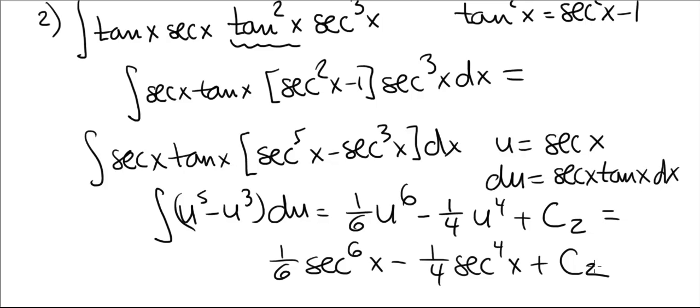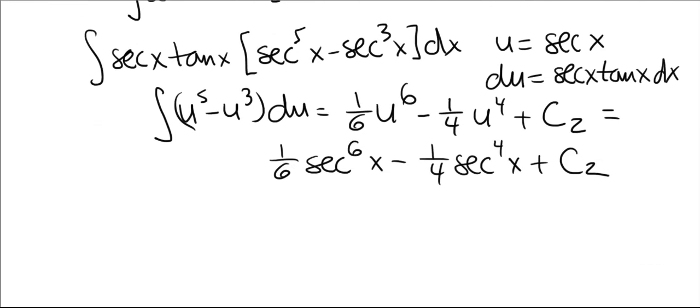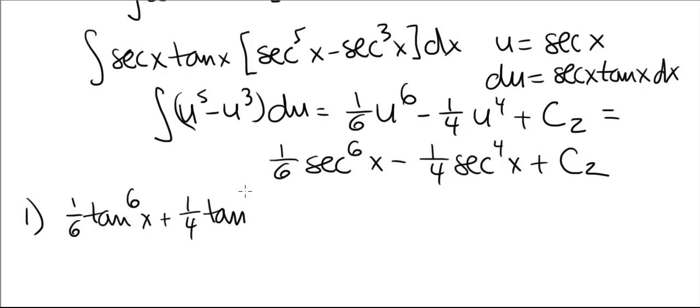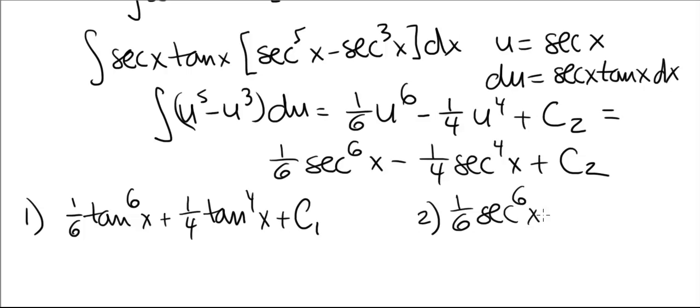Now, if you recall, the answer for the first method was 1/6 tan to the 6th x plus 1/4 tangent to the 4th x plus c1. The answer we just got for the second method is 1/6 secant to the 6th minus 1/4 secant to the 4th plus c2.